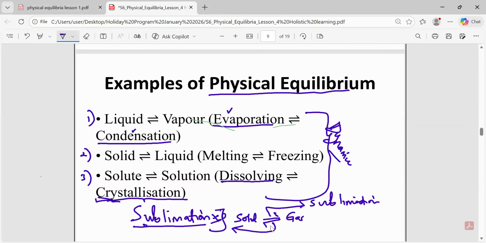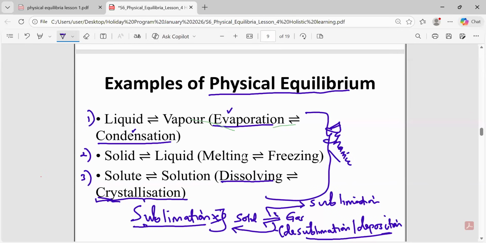Then when we talk about a gas to a solid, we have some different terms: we can say it is desublimation, or we can say it is deposition. So you have those two. I hope that is very clear for the one who was asking about that.